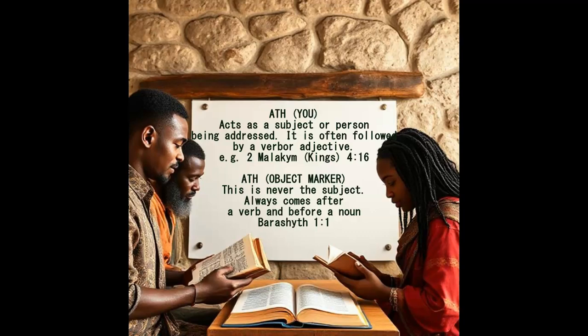You may even say, let's say we want to say you are reading, then we would say ath kurath. Ath kurath, you are reading. That tells you that it's you and not ath as an object marker.